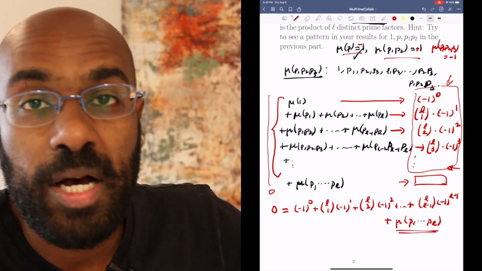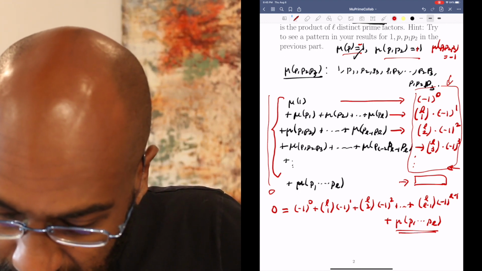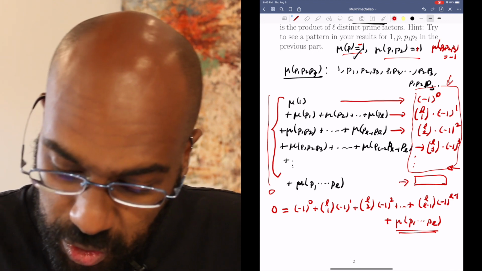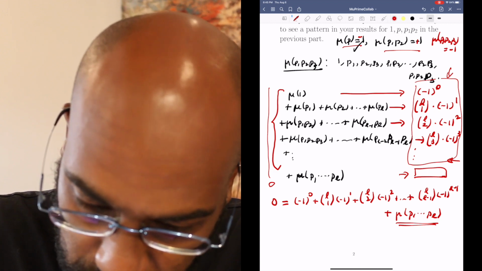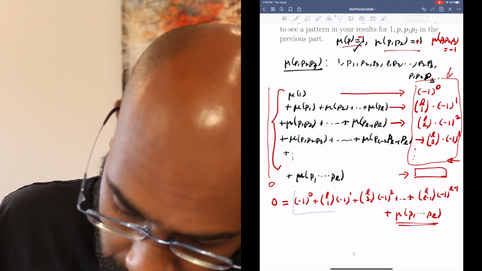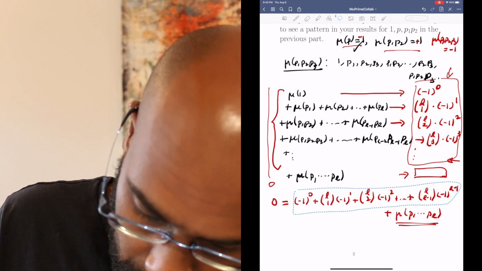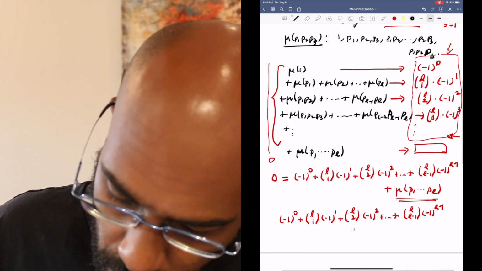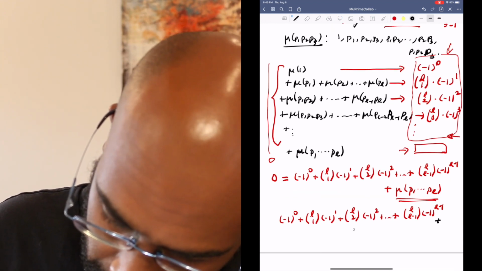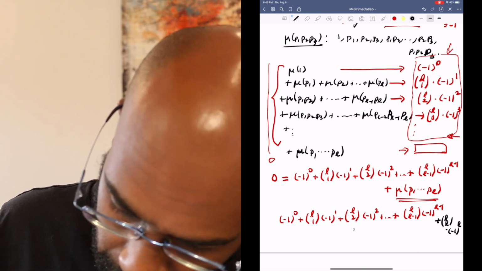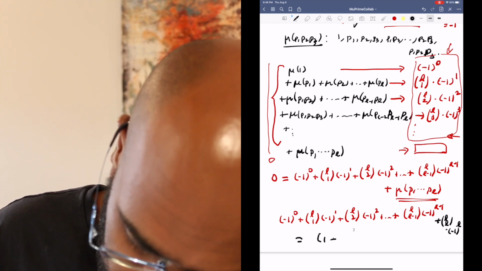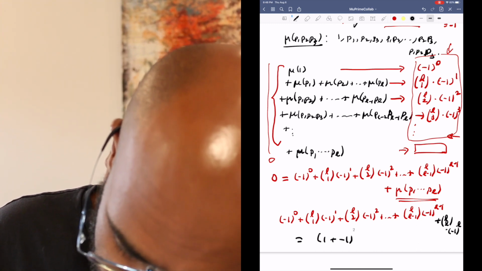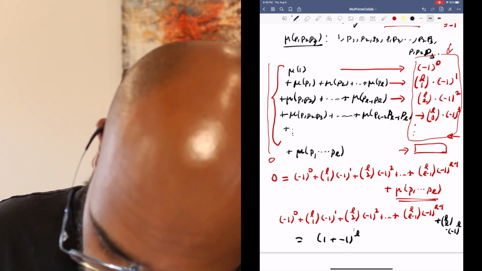Luckily for us, this entire expression on the left looks very close to the binomial theorem. If we copied this piece here, and added in L choose L times -1 to the L, we'd get by the binomial theorem that this is 1 plus -1 to the L, which is 0.